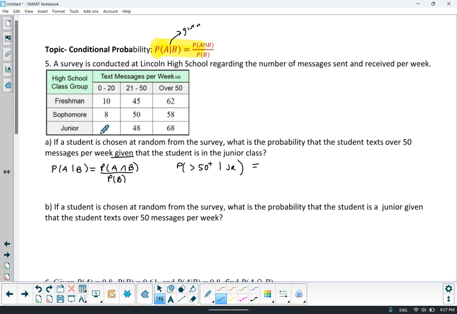So I first need to get row totals and column totals. So 10, 8, and 3 is 21. So you want to get the row totals and column totals first. You may want to put the video on hold to do that.